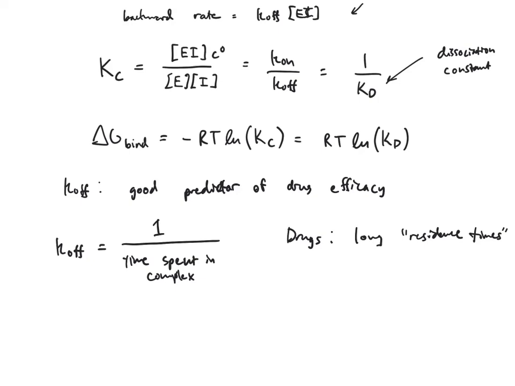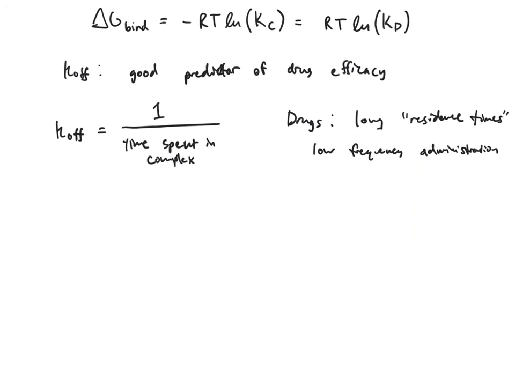Why is this? It means low frequency of drug administration. The most effective drugs tend to have a residence time on the order of days or weeks, though it's rather hard to find molecules that bind to their targets with such a long residence time.